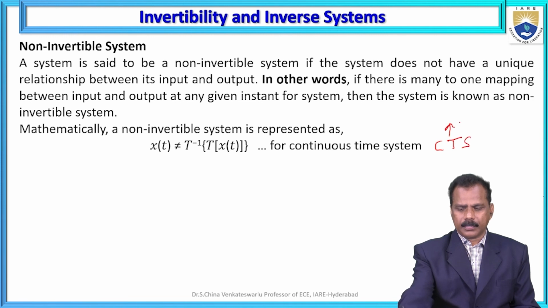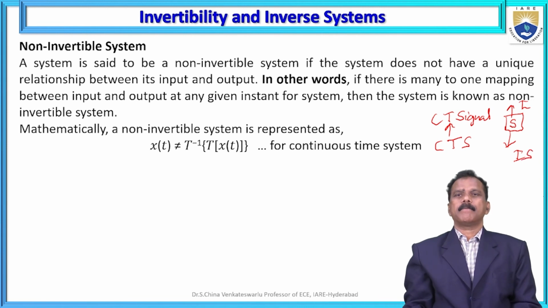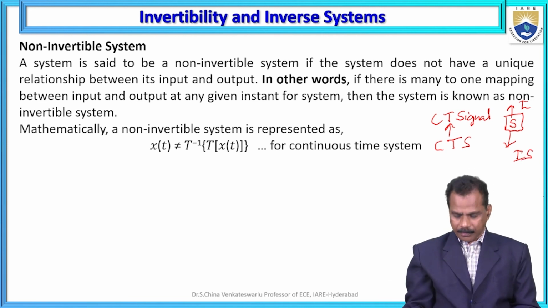Previously we learned that continuous time signals are used for input, but for verifying the output response we require the system, based on the system's invertibility or non-invertibility, or the inverse system. Consider this, either it is an invertible system or maybe an inverse system. That means for a continuous time system.